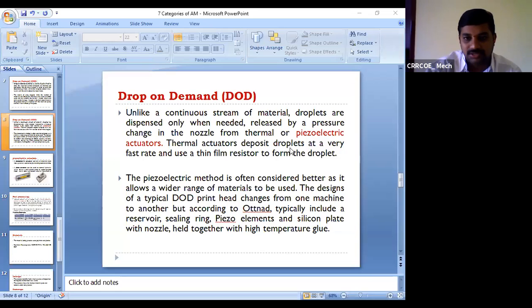Thermal actuators deposit droplets at a very fast rate. They use a thin film resistor to form a droplet. The discharge will be at a high, fast rate. The piezoelectric method is often considered better as it allows a wide range of materials to be used.